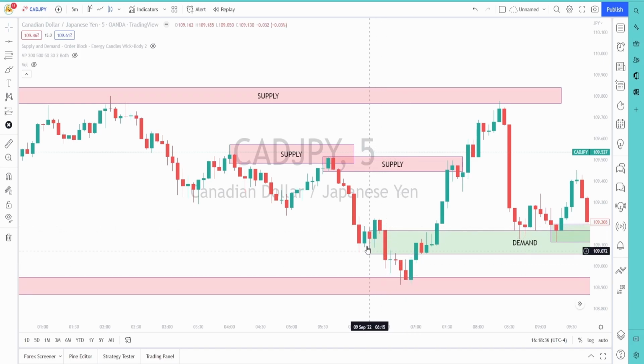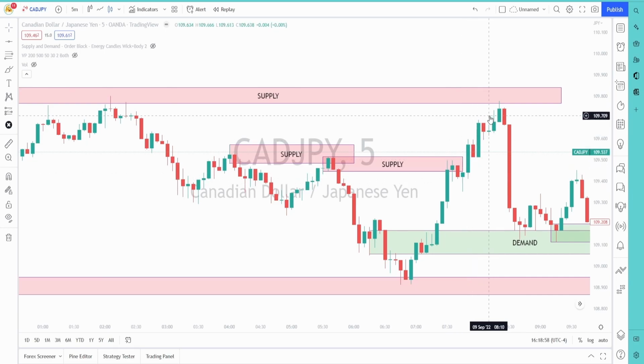Now, with here, it broke below. We marked off our area. But price didn't respect it. It went right through it. Bounced slightly off this area of supply. Might have been able to scalp something out of that.